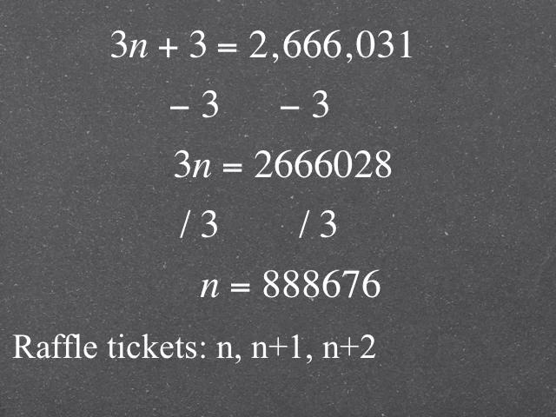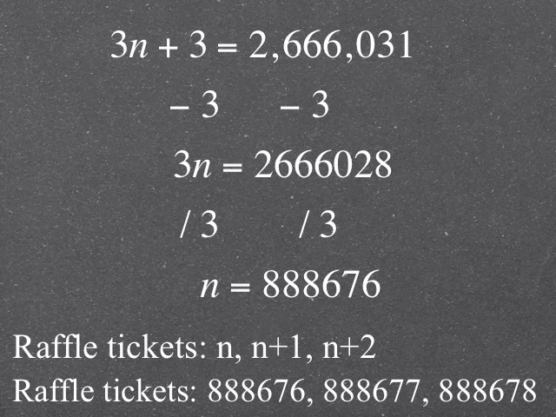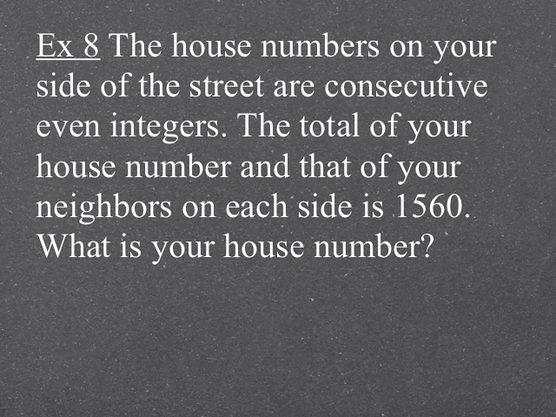If n is 888,676, then the next raffle ticket is 888,677, and the next one is 888,678, and I get those numbers by just looking at my key. That's one reason it's so important to have a key, so that you can go back and answer the question at the end. I have n, that's just the n I found. For n plus 1, I would add 1 to it, and for n plus 2, I'd add 2 to it.